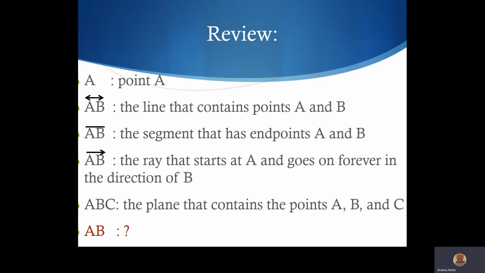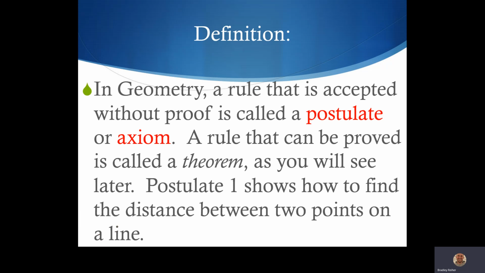Well, it means a couple things. It means the distance from A to B, or it means the length of segment AB. So write that in there. Distance from point A to point B, or length of segment AB. We're going to use both of those interchangeably. That's what that means. That's the measure of a segment. So your answer for that is a number.